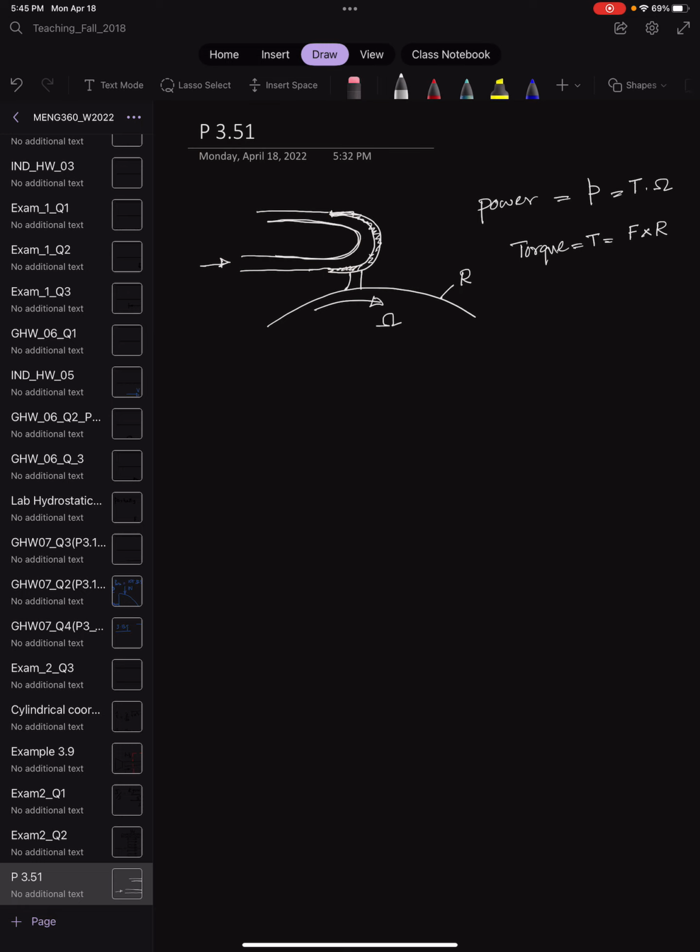To find the force, we need to find the force that acts on the bucket due to the water striking the bucket. So there's a force acting on the bucket toward this side, F, and the same and opposite force acting on the fluid. So how do we find the force?